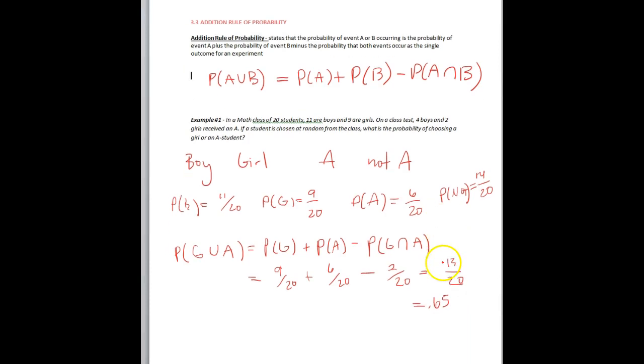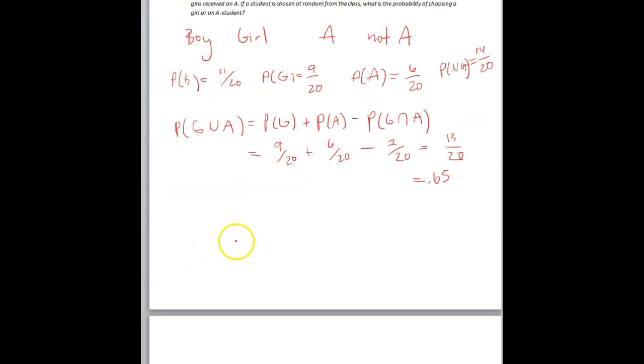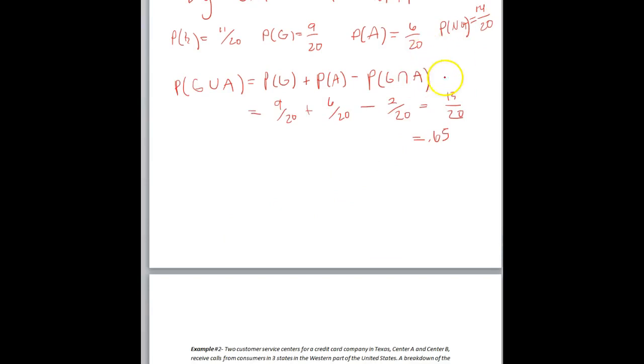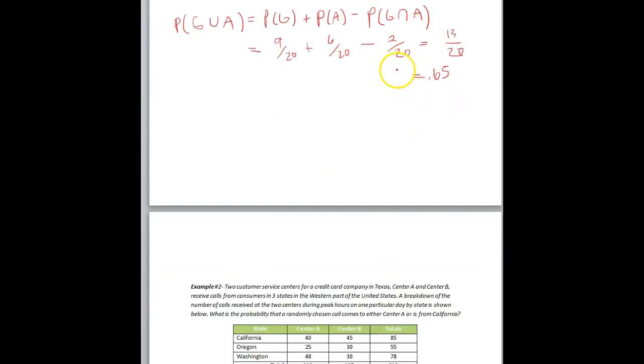So 0.65 is equal to the probability of getting a girl or of getting an A on the test. That can count girls that get A's on tests, but we minus it off for the double counting.